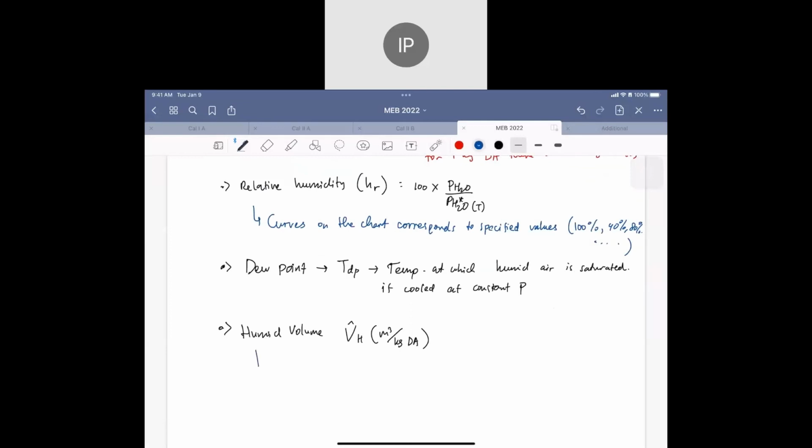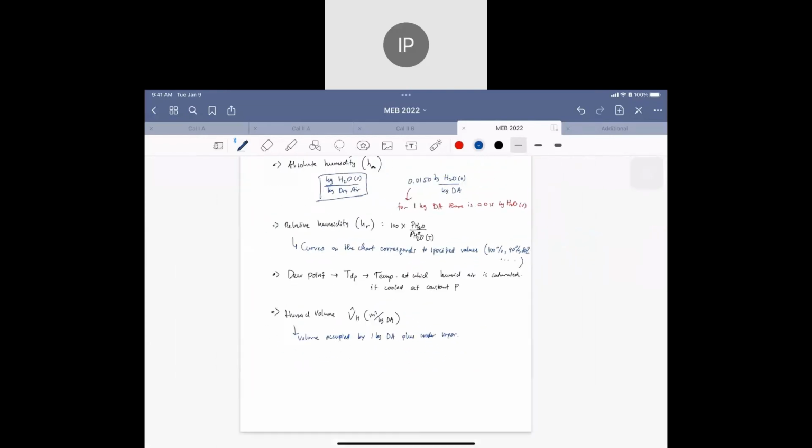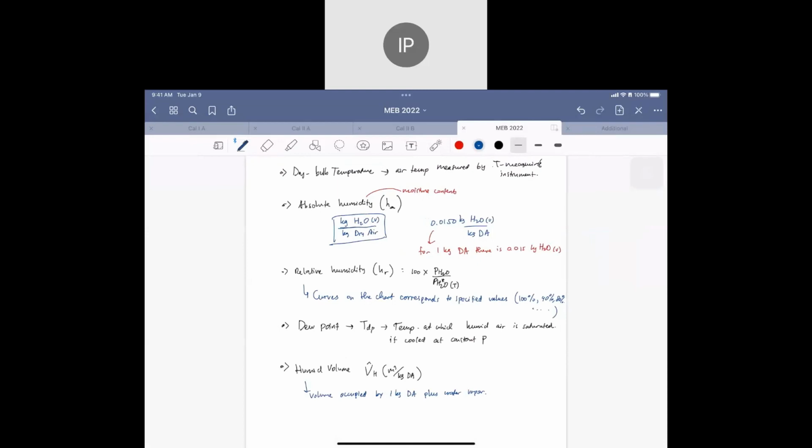So this is the volume occupied by 1 kilogram of dry air plus water vapor. We could also see it from the chart, and I will give you one example on how to calculate all these terms.